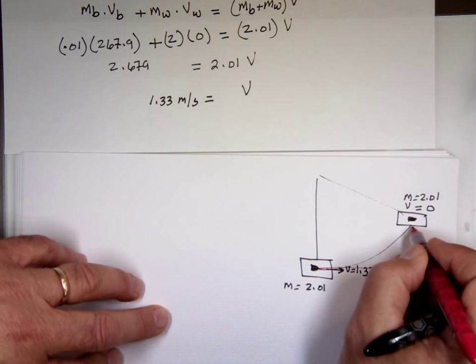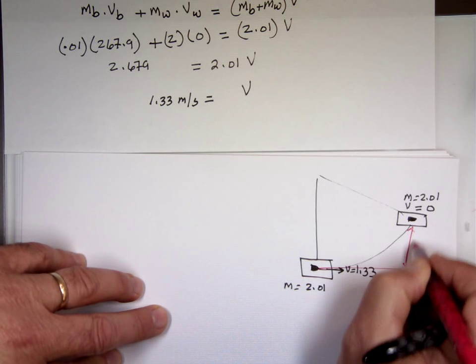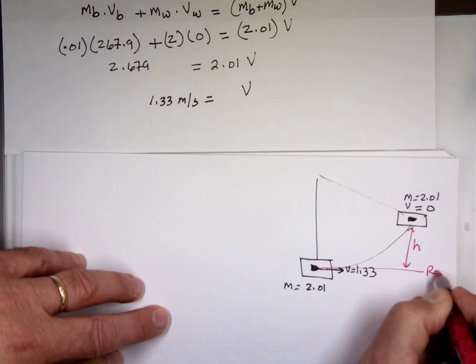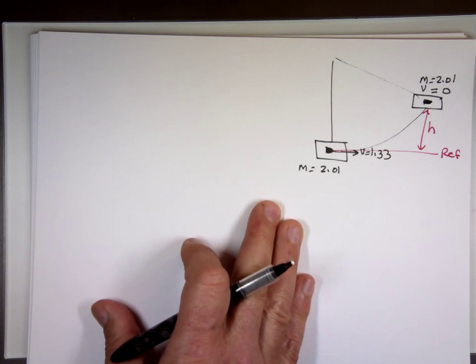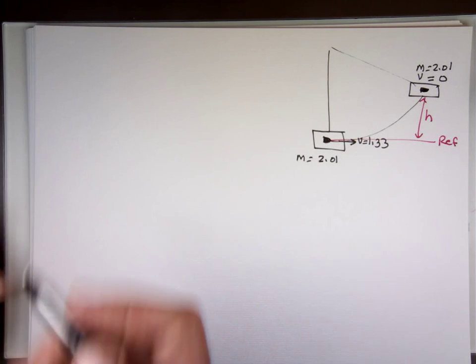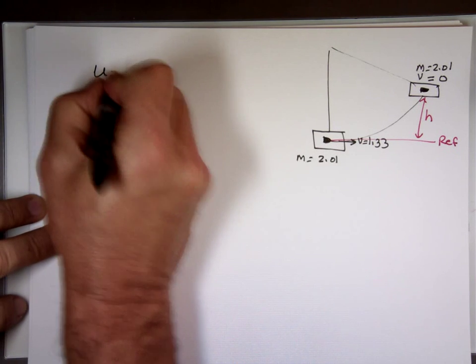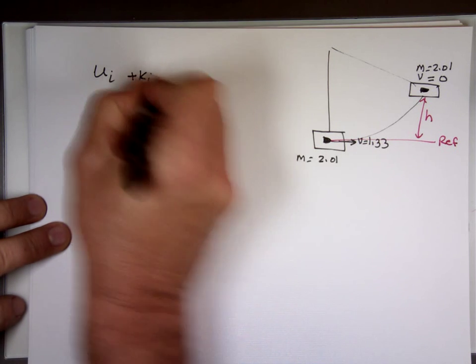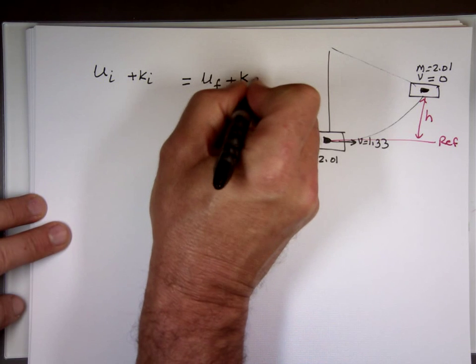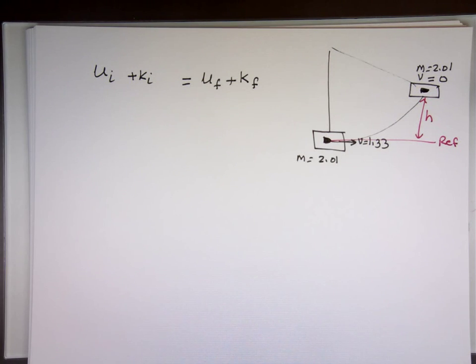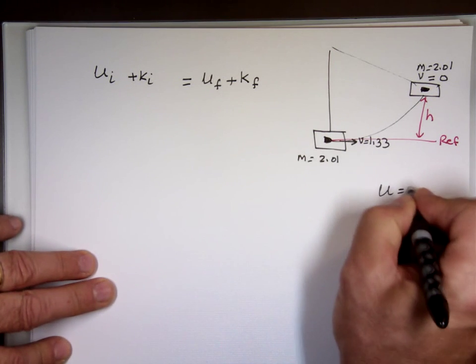So this is h. If I use this as reference, now I have conservation of mechanical energy. The initial potential energy plus the initial kinetic energy should equal the final potential energy plus the final kinetic energy. Remember, potential energy is mass times gravity times height.